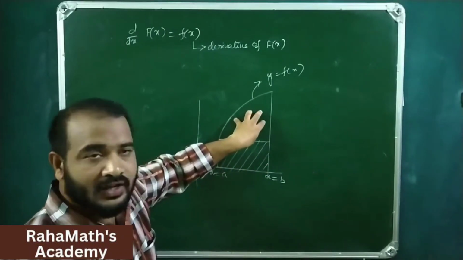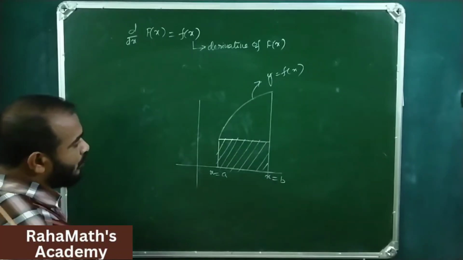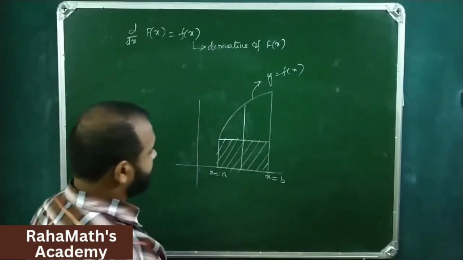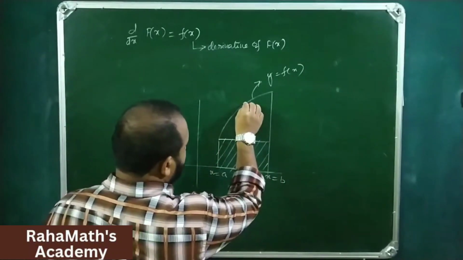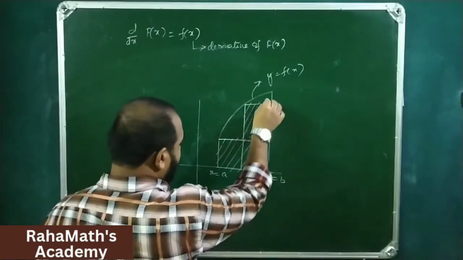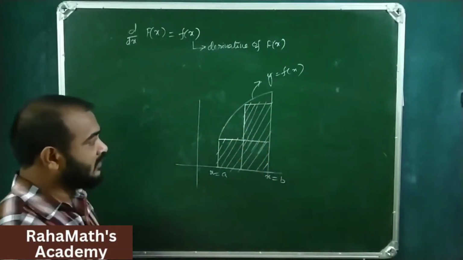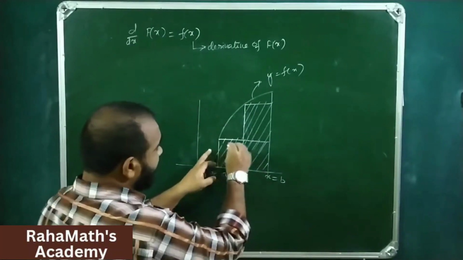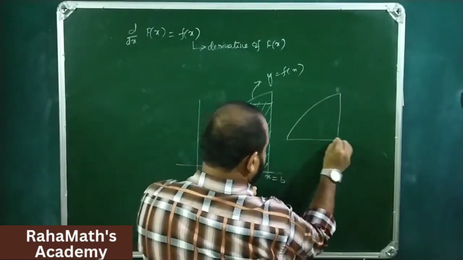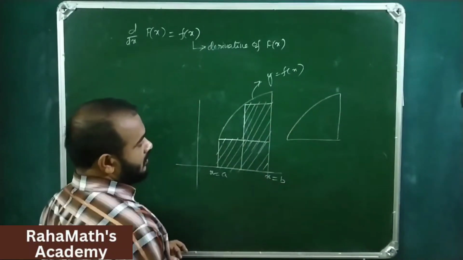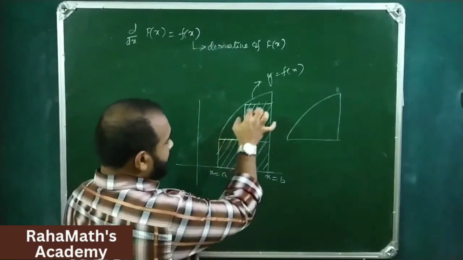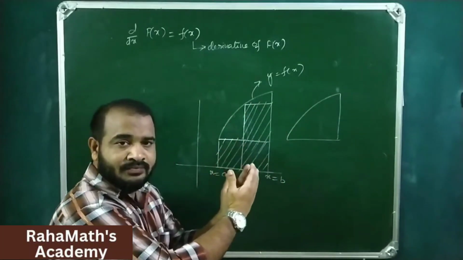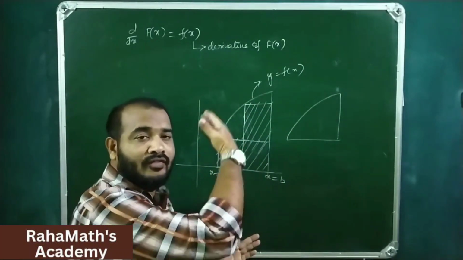So if I make this into two halves, and find this area also, then compared to the earlier one, less area is left out. So this is a more approximate value compared to the earlier.